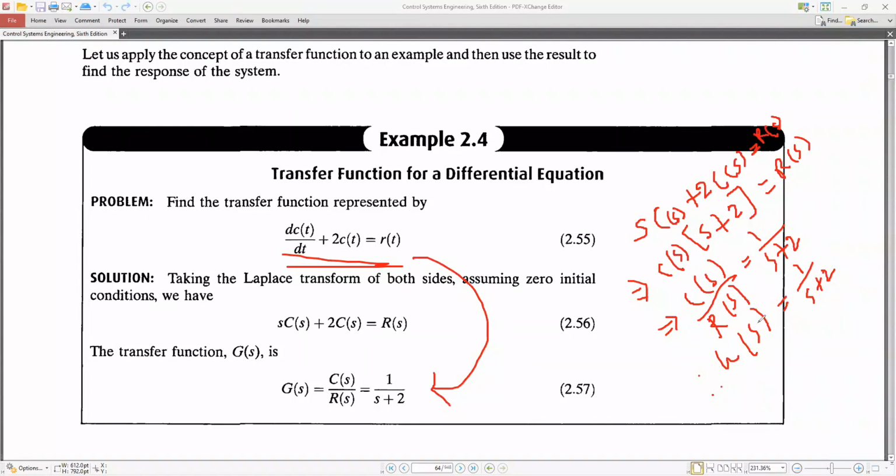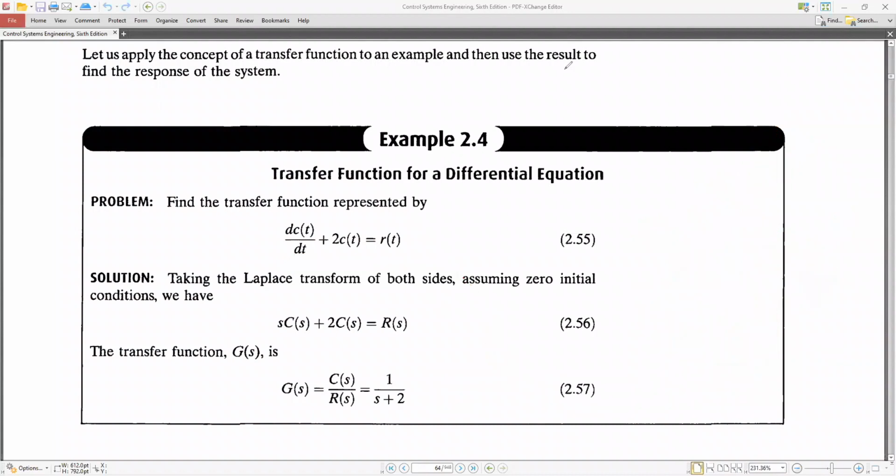If you convert it to the time domain, then you can write e to the power minus 2t, since it is plus. So instead of 1 by s plus 2, you can write e to the power minus 2t.